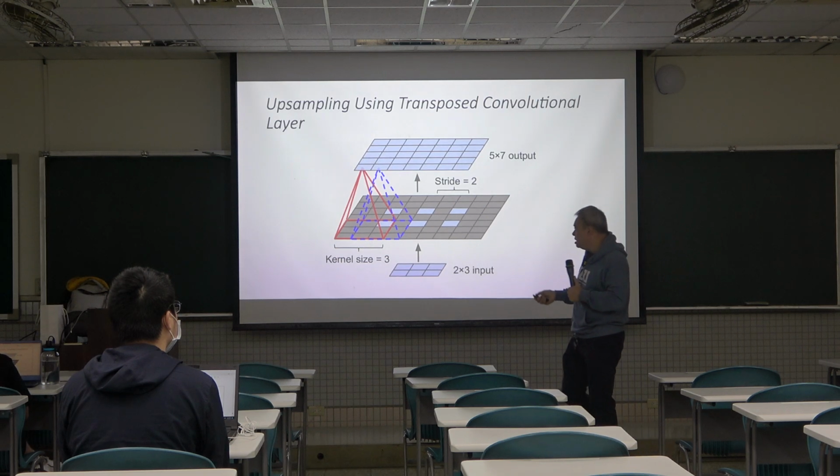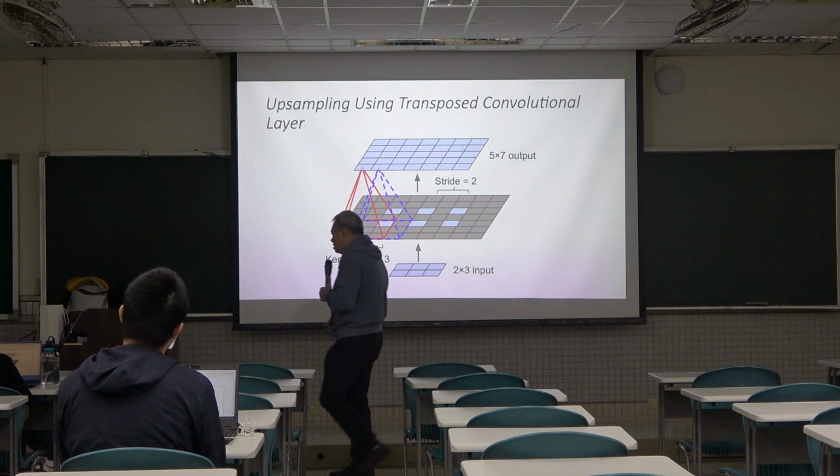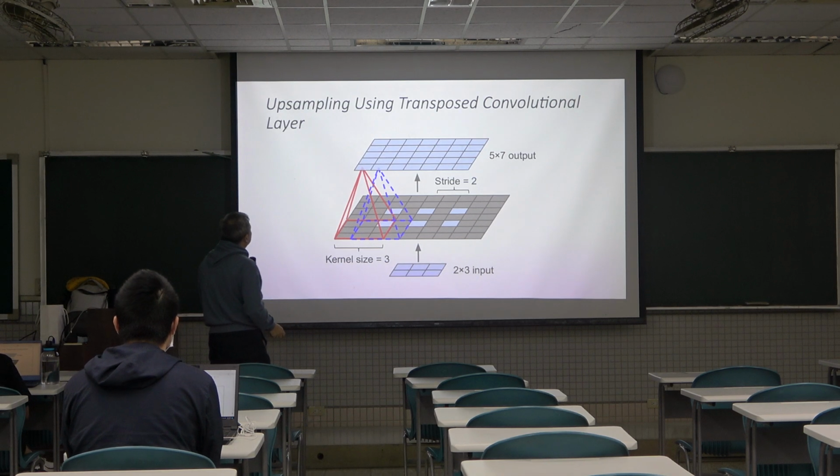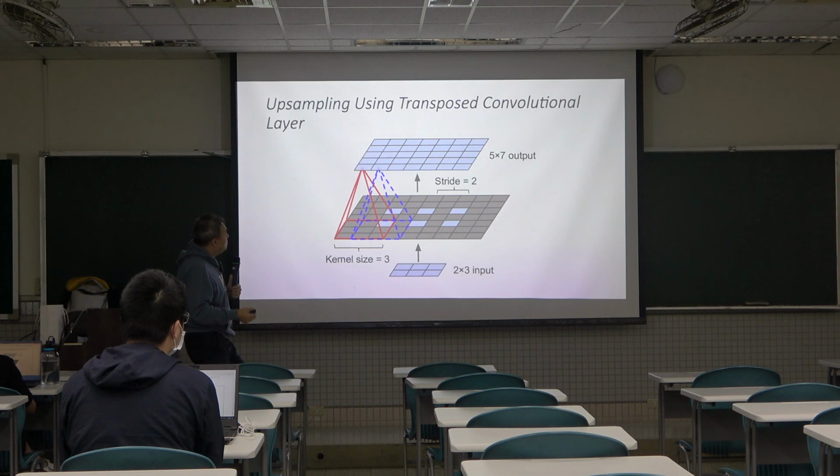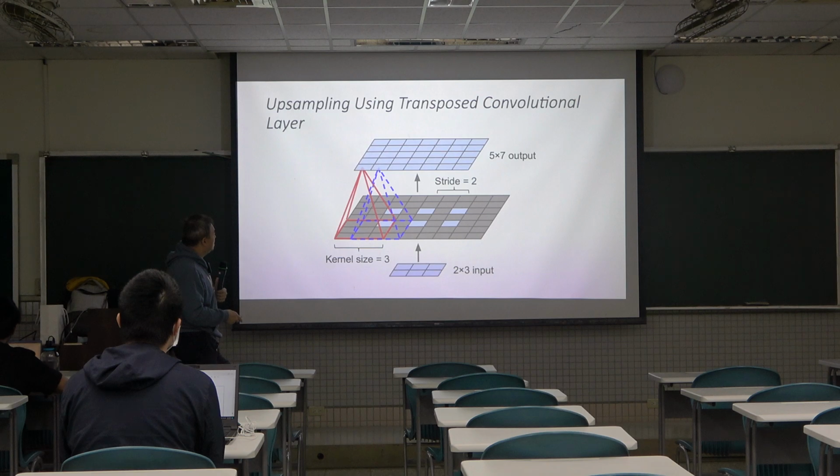And this is the transpose convolutional layer that we can use for upsampling.